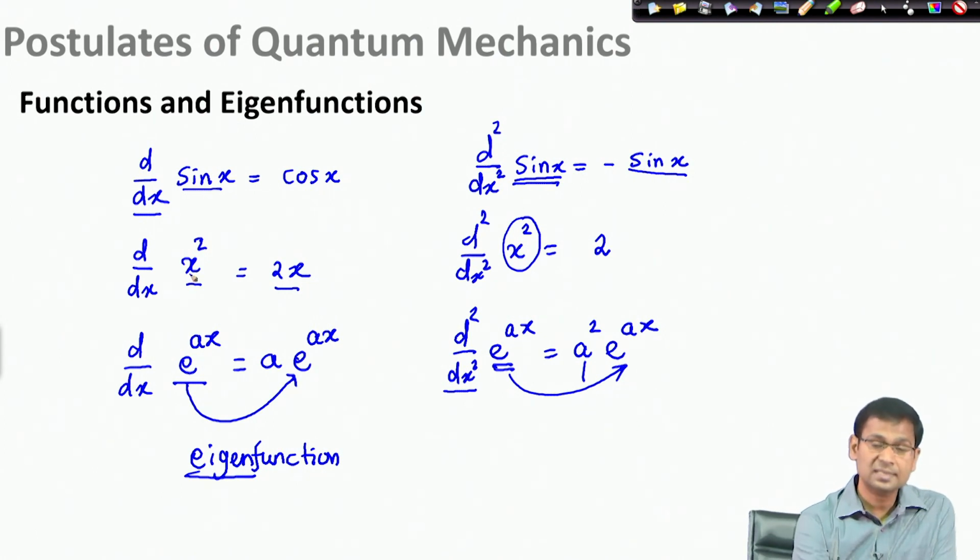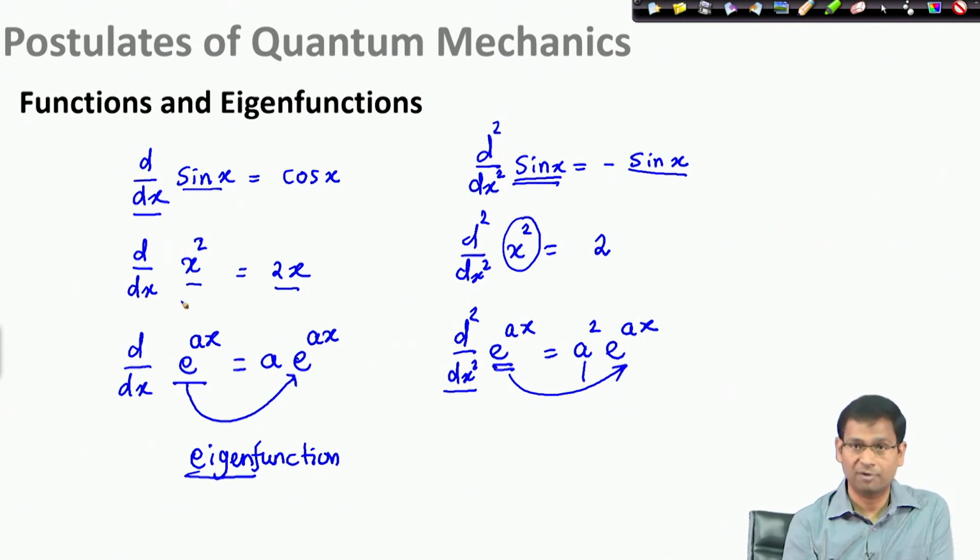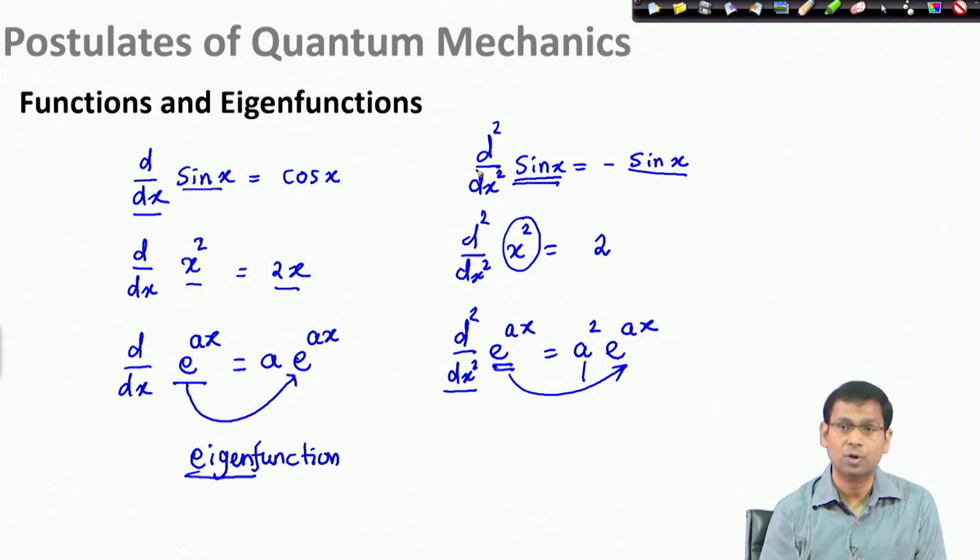However, sin x and x square are not eigenfunctions of the operator d by dx. On the other hand, when I look at d square by dx square, sin x is indeed an eigenfunction of the operator d square by dx square, because it gives me back the function itself multiplied by a constant, minus 1. What about x square? X square is not an eigenfunction of d square by dx square, because it does not give back the function itself.